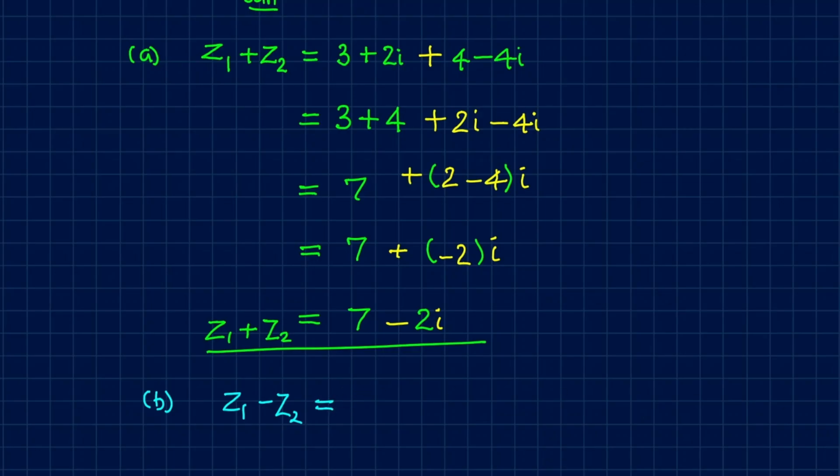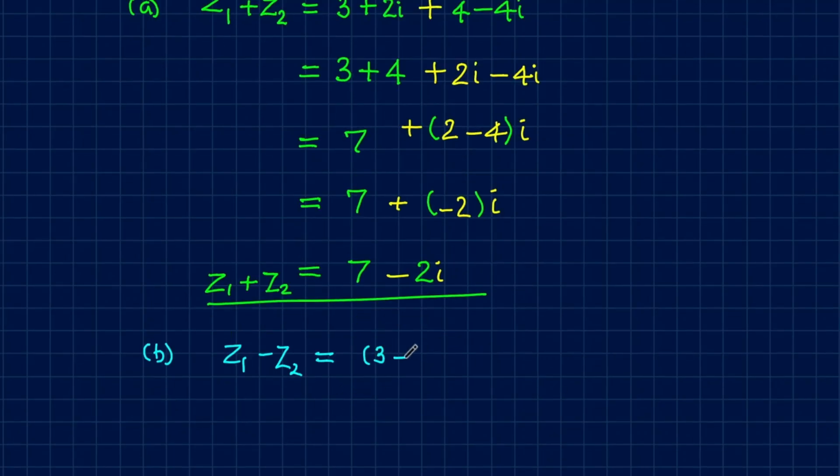This must be equivalent to 3 plus 2i minus Z2, which is 4 minus 4i. Now remember, you have to be very comfortable with signs. If you multiply negative times negative, we know we get positive. Then negative multiplied by positive, we get, we need to give some equal sign here.